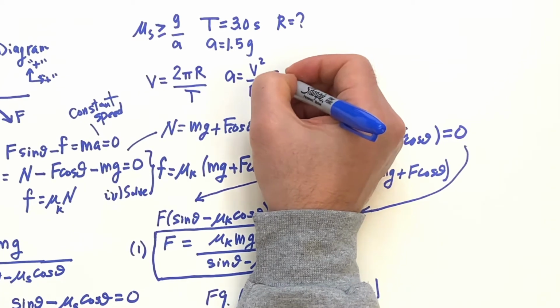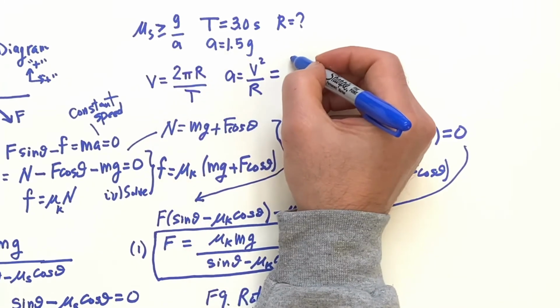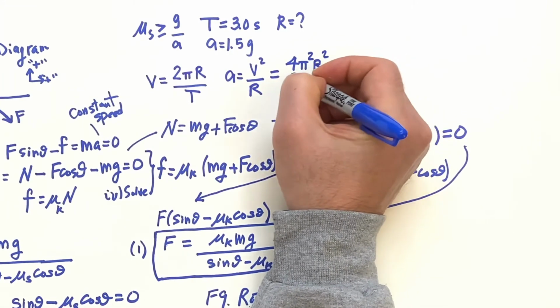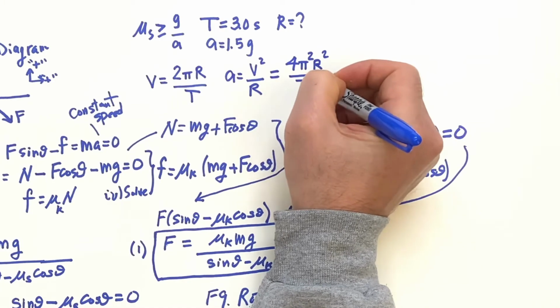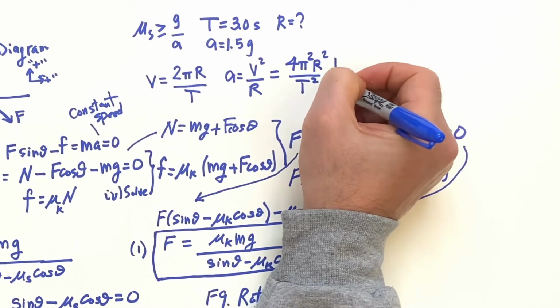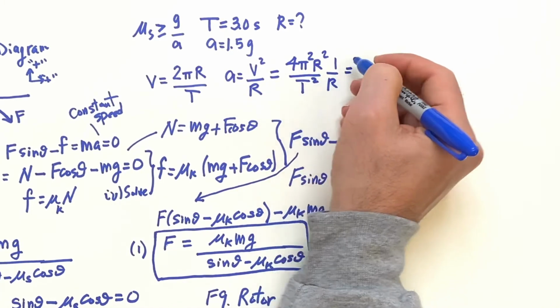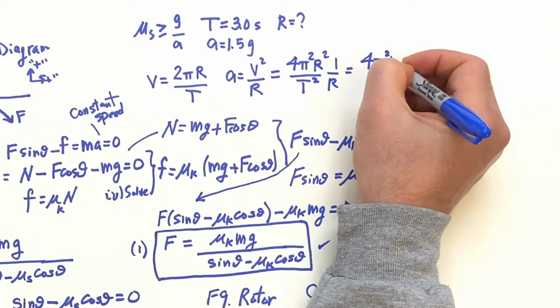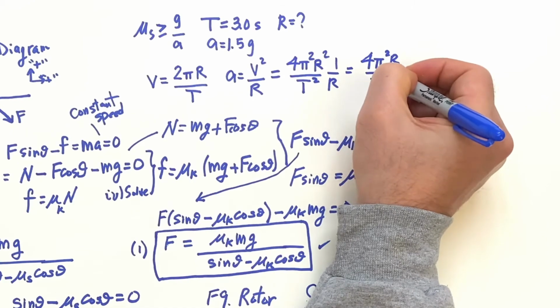So this means I got to square the v, so that's 4 pi squared r squared over T squared, but then I have 1 over r. So that simplifies to get this nice formula for the acceleration, 4 pi squared r over T squared.